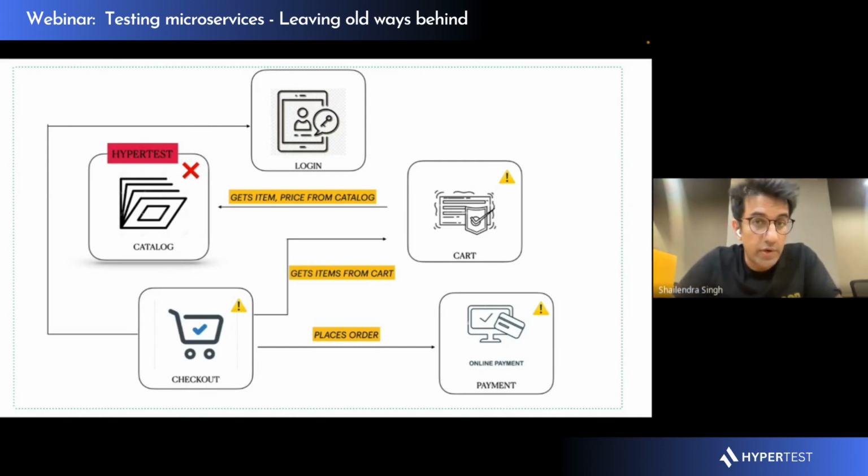They do serve the purpose when they run, if they're able to run properly, that they can get you to the problem, but that needs all these services up and running at the same time. In this approach, you don't need all the services up and running. When you are changing a specific service, all that you need are tests that are written for that service, but you should be in a position to run tests for that service in a way that you are also able to test how that service is dependent on all the other services.